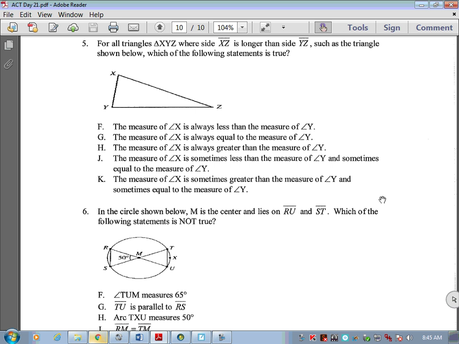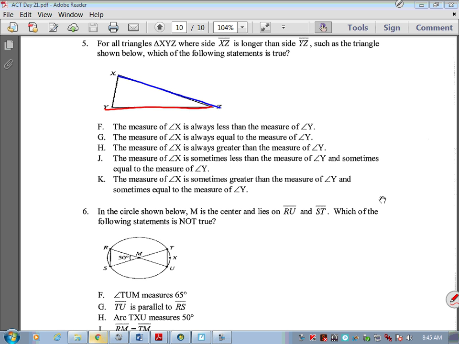For all triangles X, Y, and Z, where XZ is longer than YZ, such as the triangle shown below, which of the following statements is true? Okay? The measure of angle X is always less than the measure of angle Y. Okay, that is my true statement because what they're telling me is that XZ is longer than YZ, right?